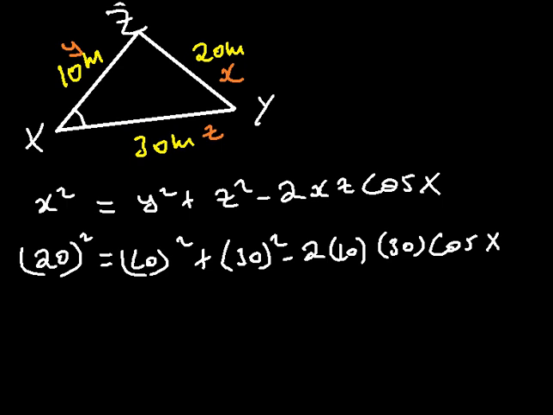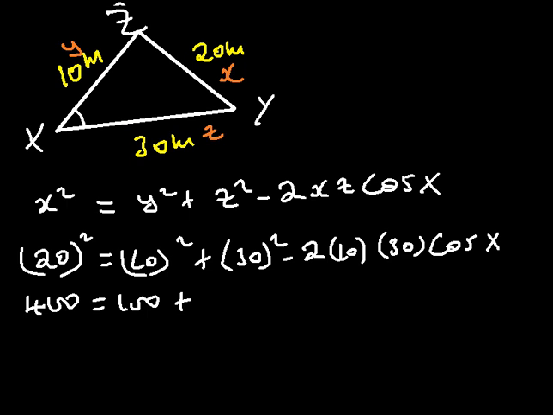So what is 20 to the power 2? That is 400. So have 400 here. That is equal to 10 squared, which is 100, plus, what is 30 to the power 2?